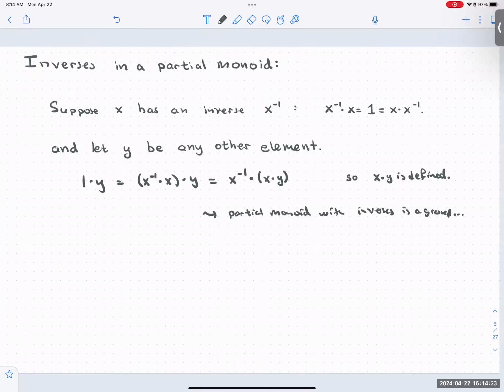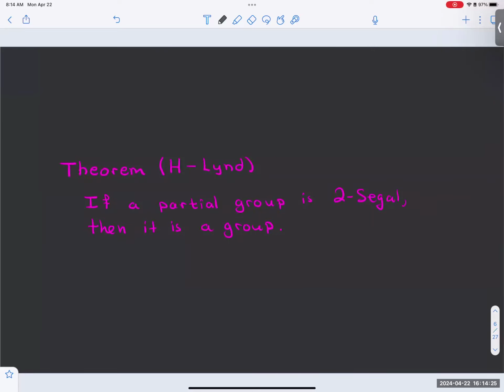Now this isn't quite what's on the next slide. So here's an answer to my initial question about partial groups, which was, are they ever two-Segal? And one of the first things we did together was we figured out, well, if you have a partial group and it is two-Segal, it still didn't say what a partial group is. Then it's actually a group.